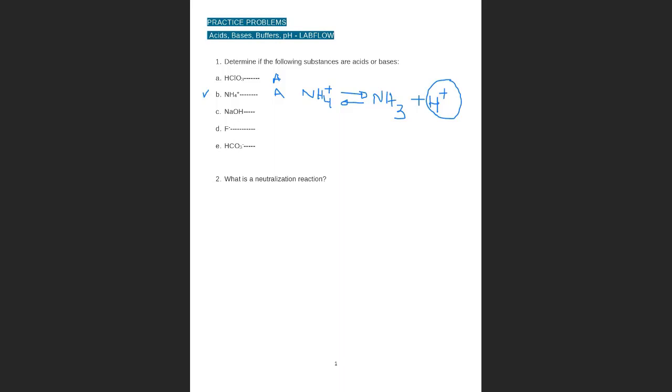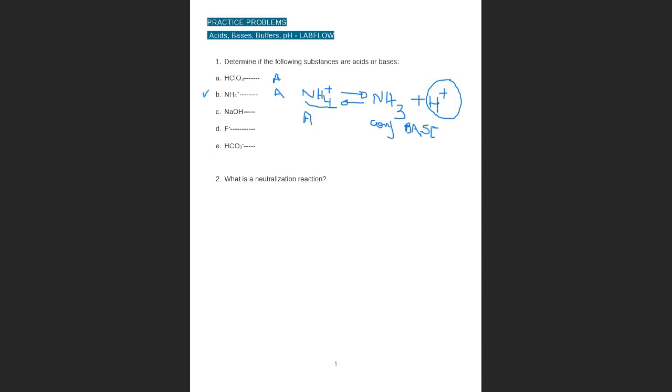Then it's an acid. But if I tell you, I got it confused. Yes, and it's easy to confuse. So we have to look at this. This is an acid. And this is the conjugate base. Conjugate base.